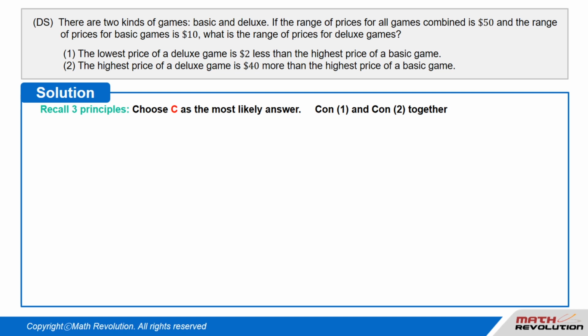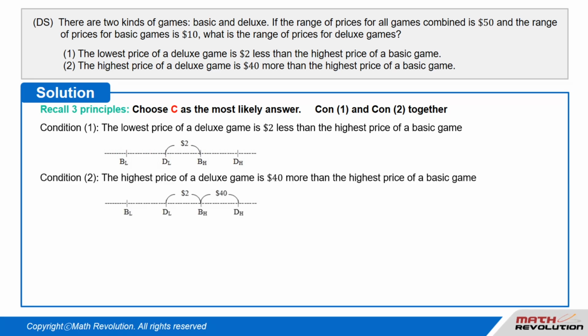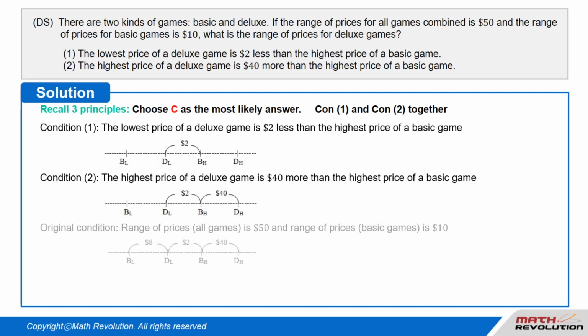Let's take a look at conditions 1 and 2 together. Condition 1 tells us the lowest price of a deluxe game is $2 less than the highest price of a basic game. Let's look at the number line below. It is easier to solve the range equation on the number line. Condition 2 tells us the highest price of a deluxe game is $40 more than the highest price of the basic game. The original condition tells us the range of prices for all games is $50 and the range of prices for basic games is $10.